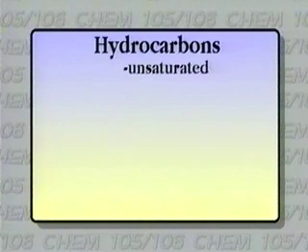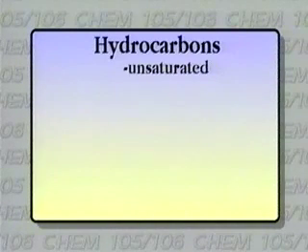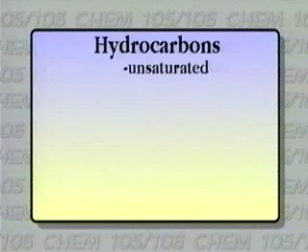Unsaturated hydrocarbons mean that they have at least one carbon-carbon double or triple bond in the structure. Hydrocarbons that contain only carbon-carbon single bonds are called saturated hydrocarbons. We already looked at those several times.